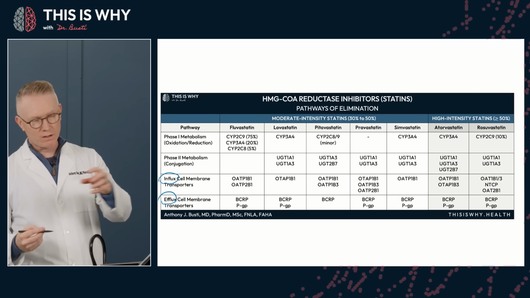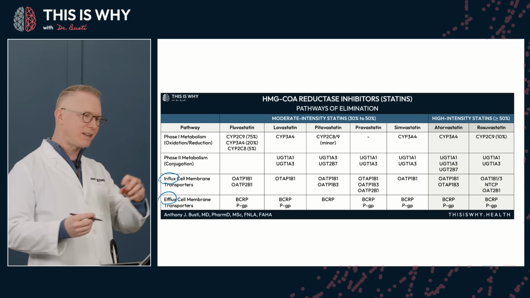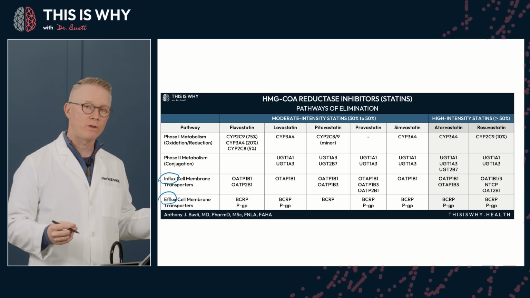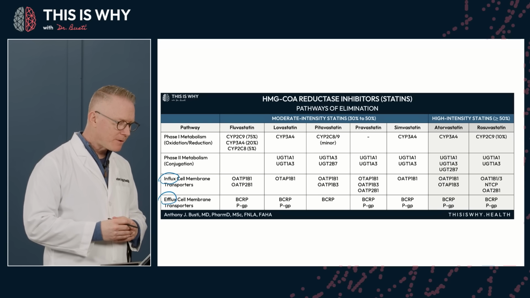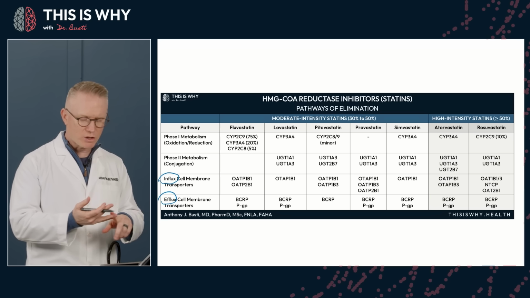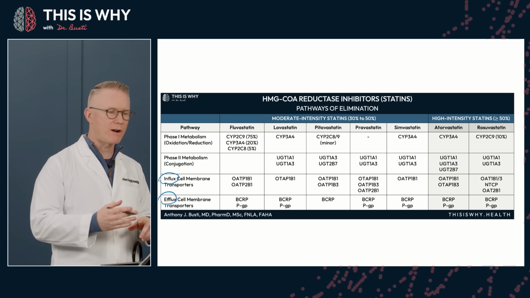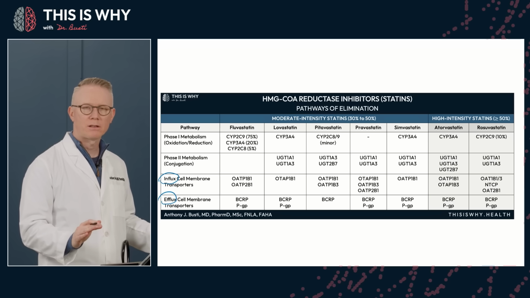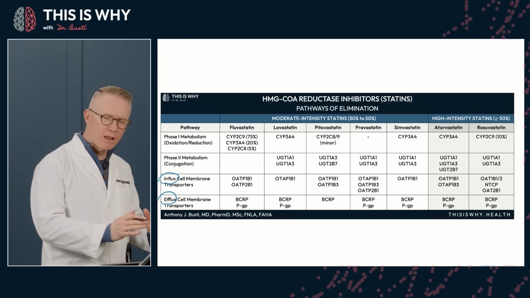Influx transporters move drugs into the cell, and then there are transporters that kick drugs out of the cell and move them into other areas of elimination. So when we talk about pathways of elimination, it's not just phase 1 and phase 2, but it also includes transporters. And that's important because drug interactions at any one of these locations can cause clinically relevant drug interactions.